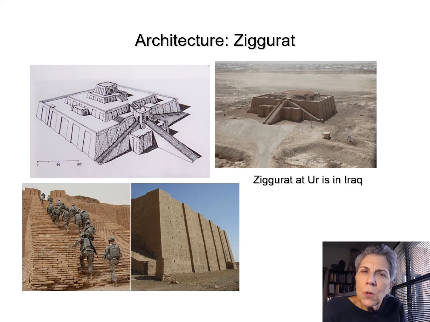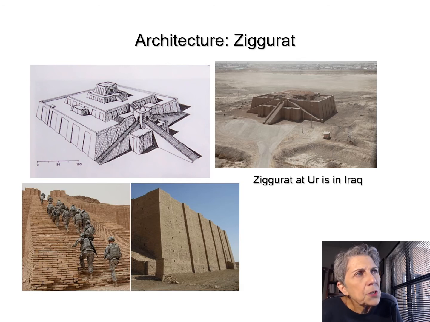Actually, the earliest Egyptian pyramidal forms were like this, like King Zoser. The pyramid of King Zoser is very much like a step pyramid. But of course later the Egyptian pyramids become much more smooth-walled. So that is a ziggurat.